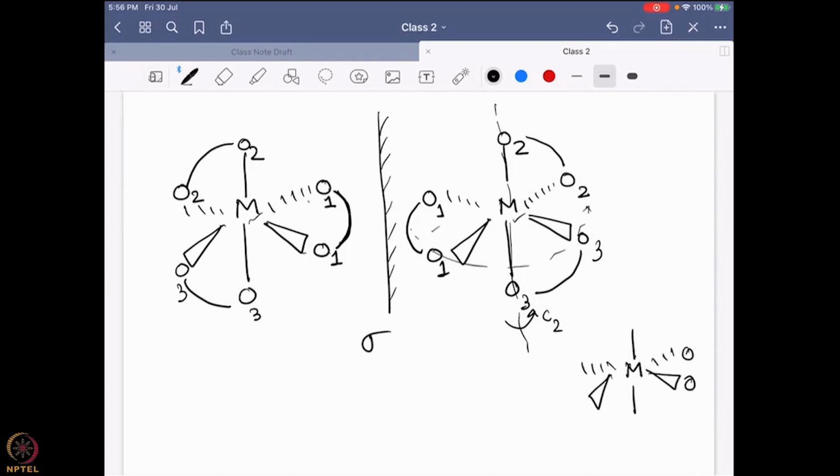Again, first draw the oxygens. That's going to be the same. So if I rotate it over here 180 degrees, these two oxygens will come on the right hand side. That is my O1, O1. Now, if I rotate it 180 degrees, the O2 on the top is not going to change its position because that is sitting on the axis of rotation.